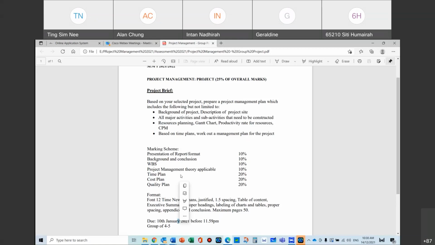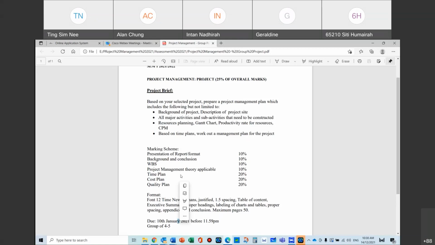So in machinery, there will be a bulldozer, and then in manpower, there will be a bulldozer operator. That's what my friend thought. And my thought is, this comes in a package. If I rent a bulldozer, it comes with an operator, so I don't need to break it up. Which one do you think is the correct way to think?